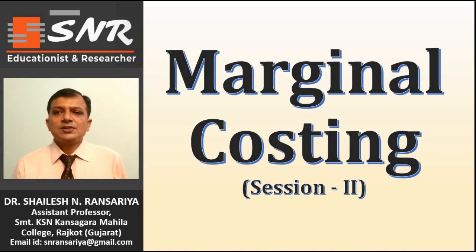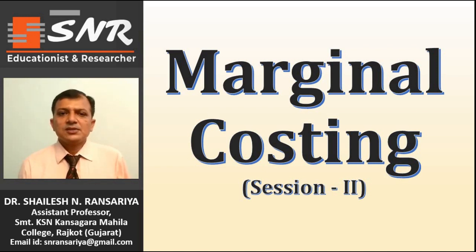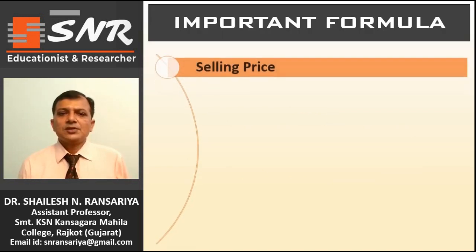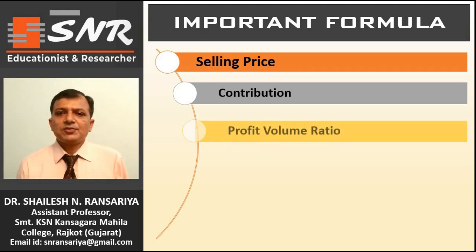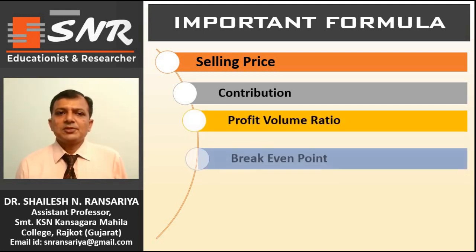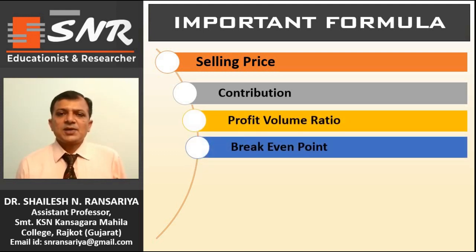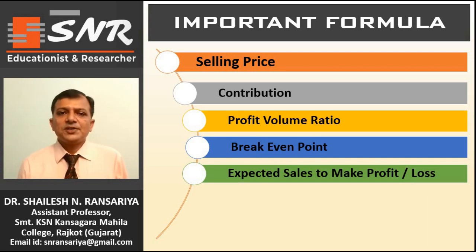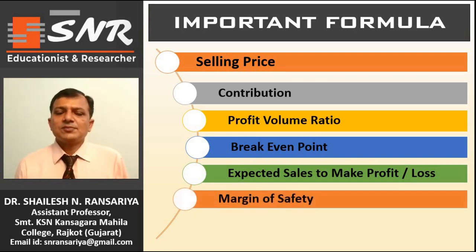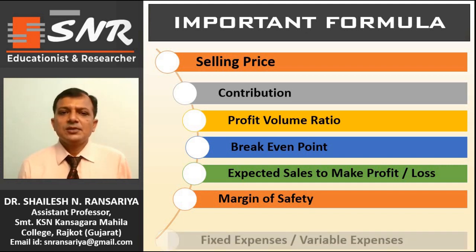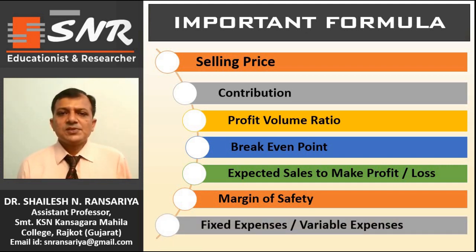So in marginal costing, we require the formula for the selling price, contribution, profit volume ratio, break even point, expected sales to make profit or to make loss, margin of safety, and fixed expenses and also variable expenses.